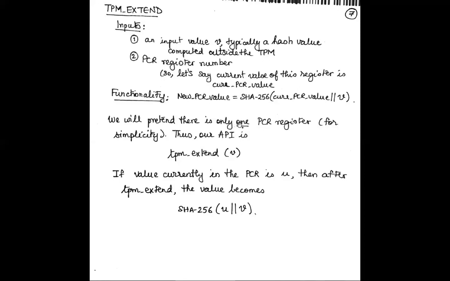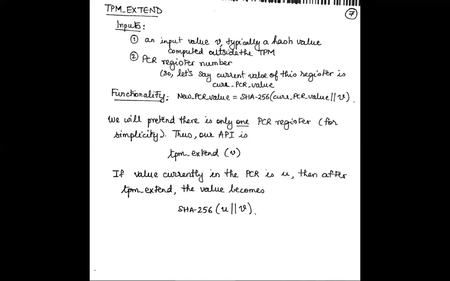As I said, we are only going to pretend that there's only one PCR register, so you can assume your API is nothing but TPM extend with the value that you want to extend the PCR register with. If the value currently in the PCR is U, and you call TPM extend of V, then after the operation, the value in the PCR register becomes SHA-256 of U concatenated with V.